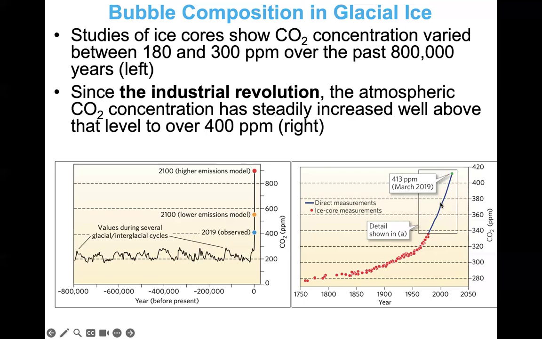More than 400 ppm, it reaches around 413 ppm. But studies of the ice cores show that the amount of CO2 went from 180 to 300 ppm over these 800,000 years. So only when you get to here, when the Industrial Revolution started, we have this sharp increase.